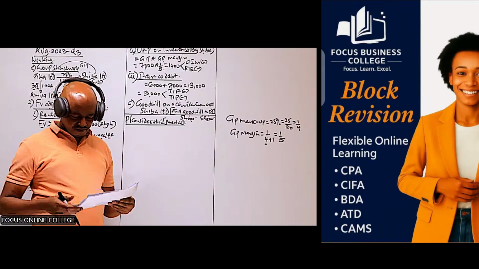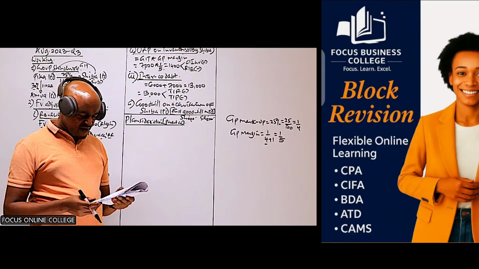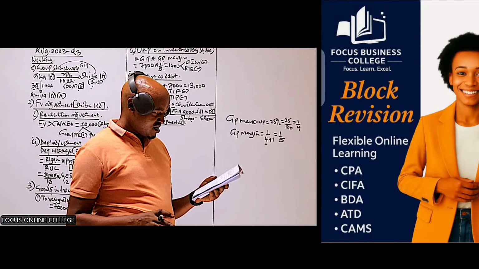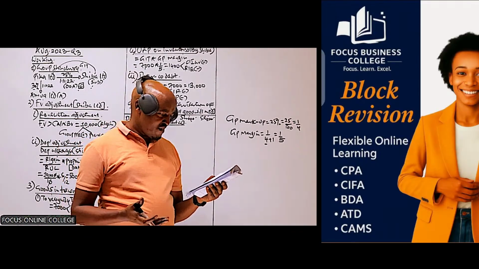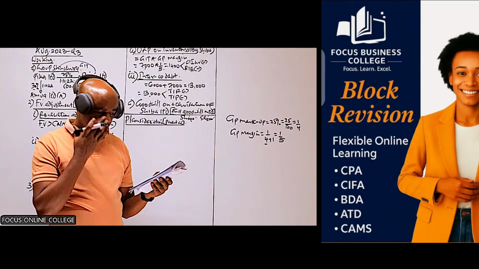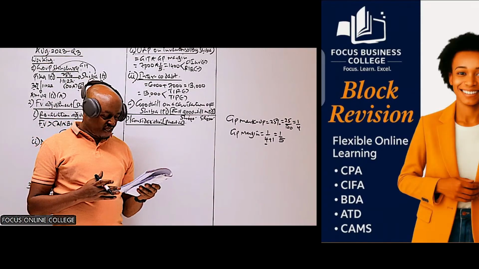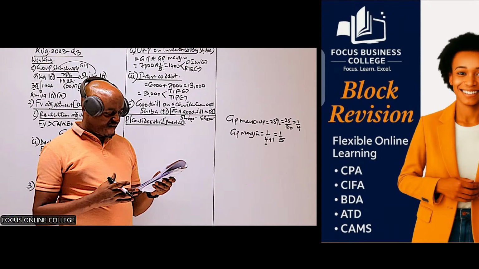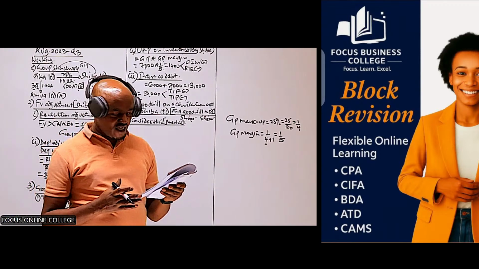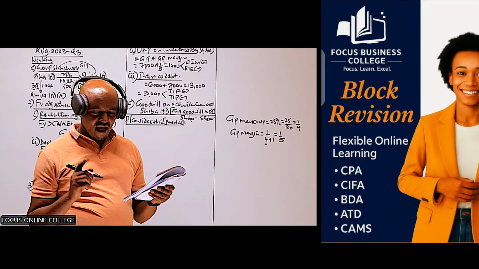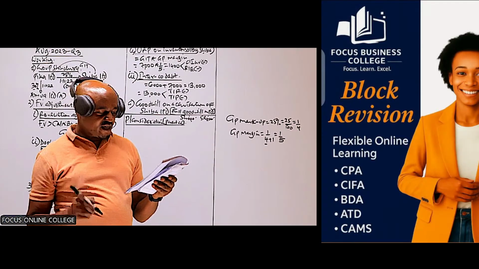In paragraph 1, we are told Pika Limited, which is our parent, a public limited entity, intends to expand its operation by acquiring investment in other entities. In the last sentence, we are told, on 1st April 2022, Pika Limited acquired 75% equity interest in HN under the following terms.